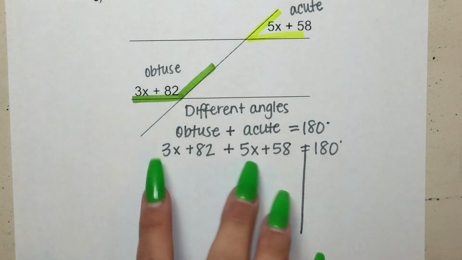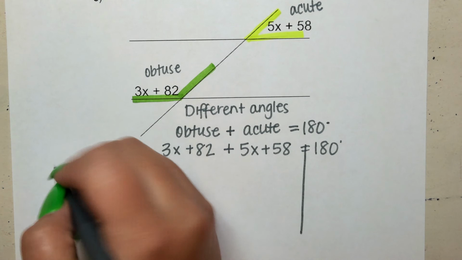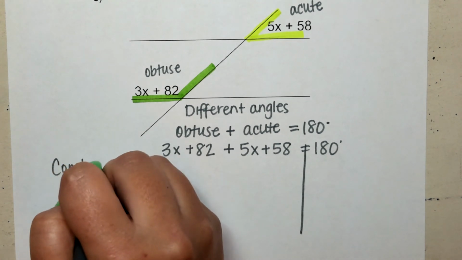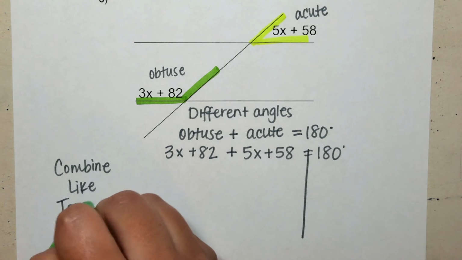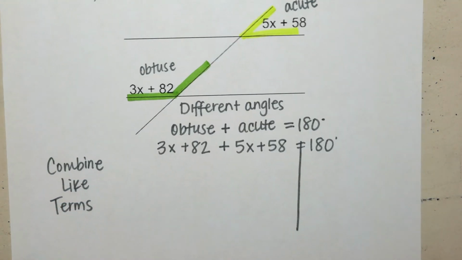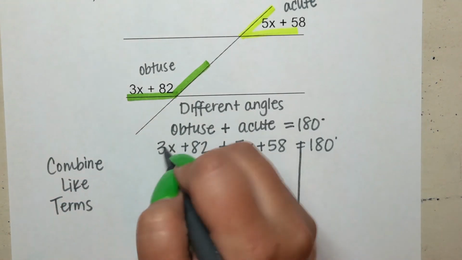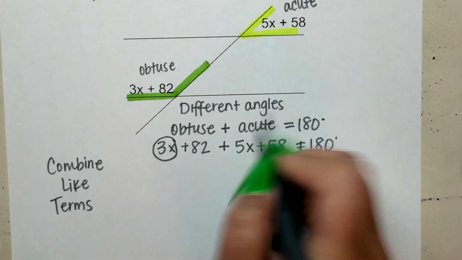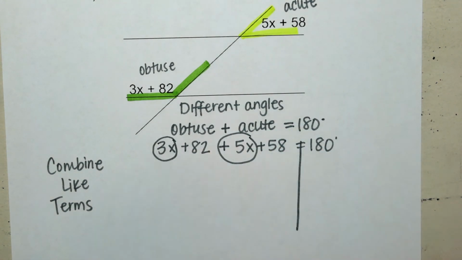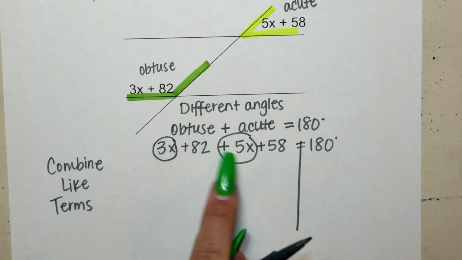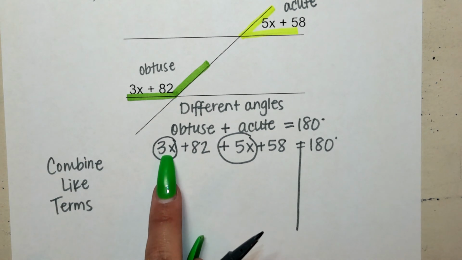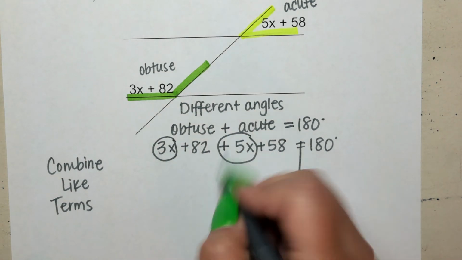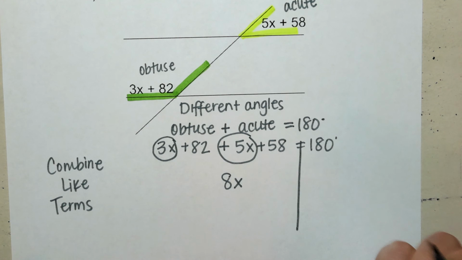So since I have multiple x's on one side, I'm going to combine like terms. So I'm going to combine things that look the same. So I have a 3x and I have a 5x. Make sure you always take the sign that's in front so you know whether to add or subtract. So I have a positive 3x and a positive 5x, which is going to be 8x.